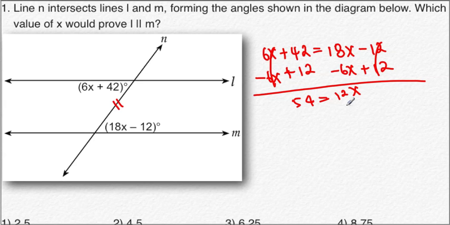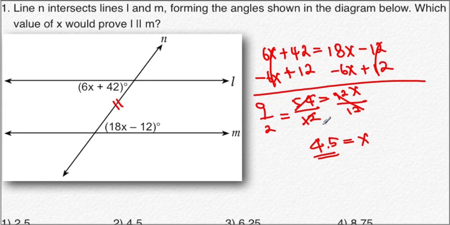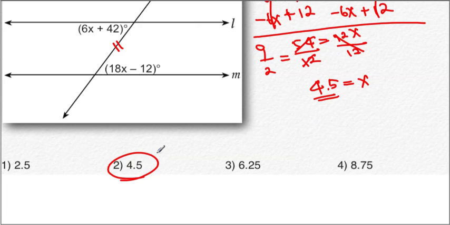Now, when we divide by 12, then x, the common factor here would have been 6. So if you divide by 6, then we'll end up getting 9 over 2. So 4.5 would have been our answer. Alright, choice number 2.